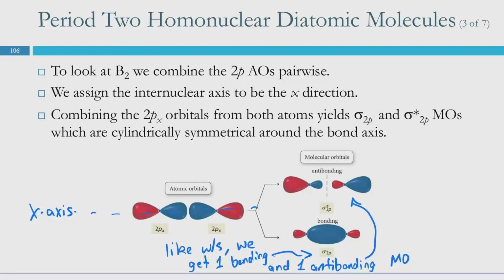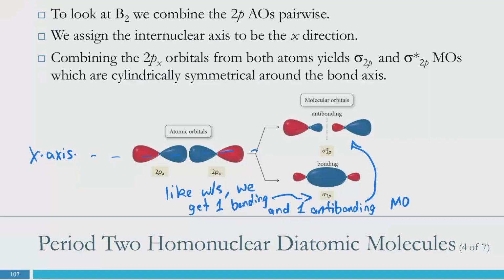Is that the only p orbital that we have? It's not. We also have our 2pz and our 2py orbitals that are 90 degrees to our 2px. So we also have to add those together. So we've got sigma 2p, sigma star 2p, that's our direct overlap.